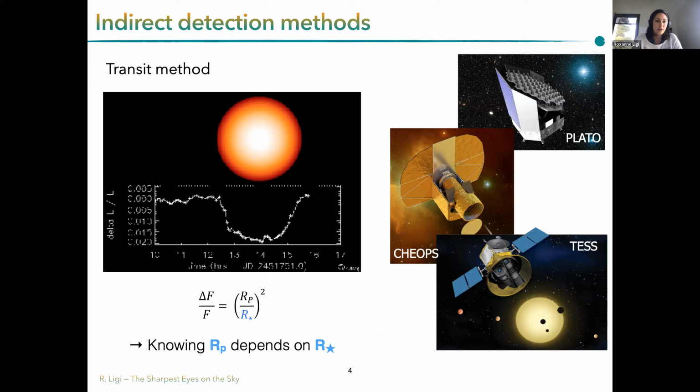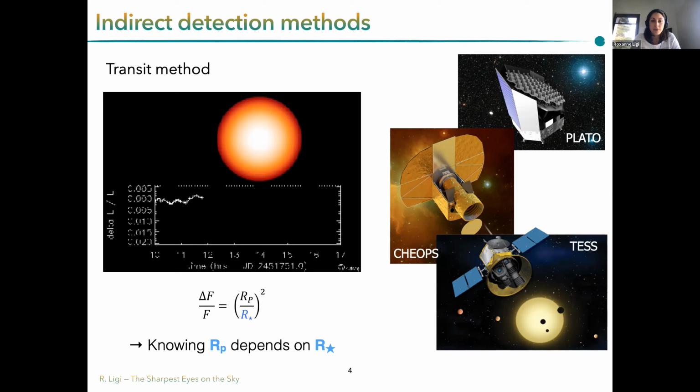And this decrease of flux is proportional to the ratio of the planetary to the stellar radius. So if we detect a transiting exoplanet, we need to know the stellar radius to be able to derive the planetary radius. This method is currently used with the TESS satellite, which is on sky currently.